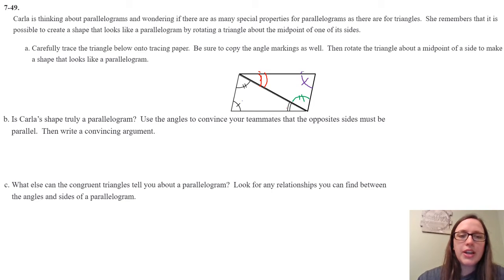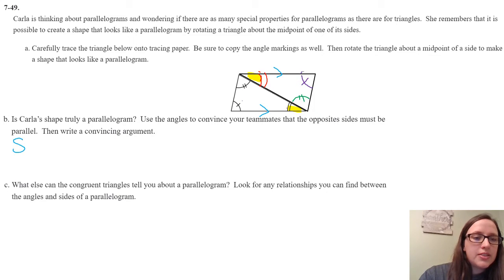All right, so after that, we can know that a parallelogram does have opposite sides that are parallel. The way that we can prove that is that these, let me get my highlighter, these alternate interior angles are congruent. So we know that this side must be parallel to this side. Okay?